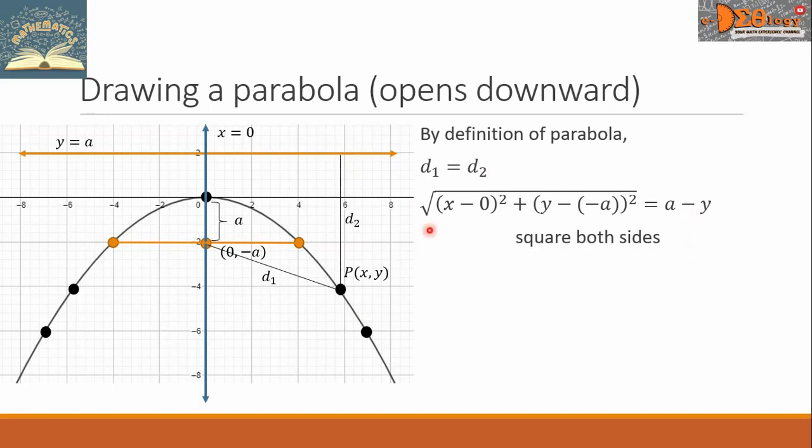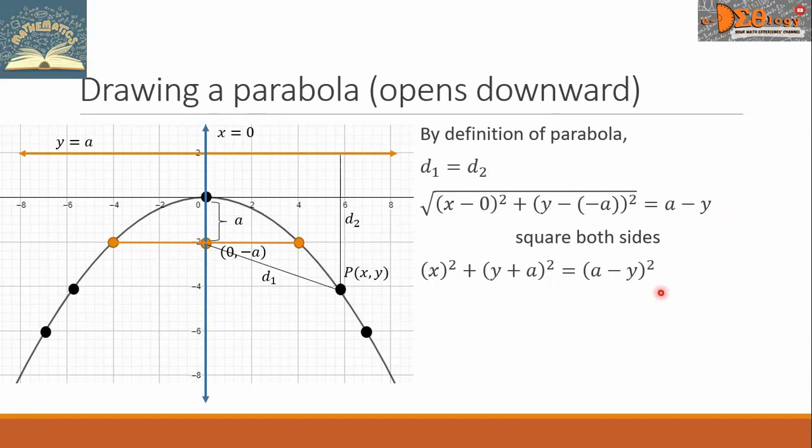Let us simplify this equation by squaring both sides. If we do that, in the left side, the big square root is cancelled out. So we have now x minus 0 will just be x, squared, plus the y minus negative a becomes y plus a, also squared, equals the a minus y, now squared.